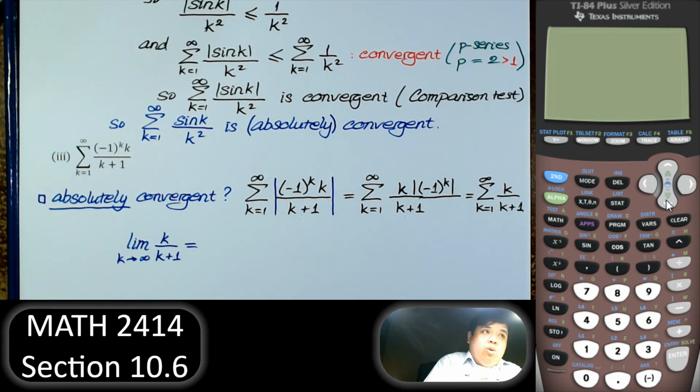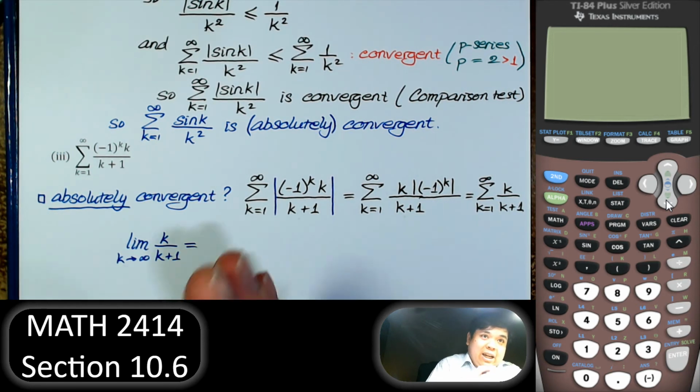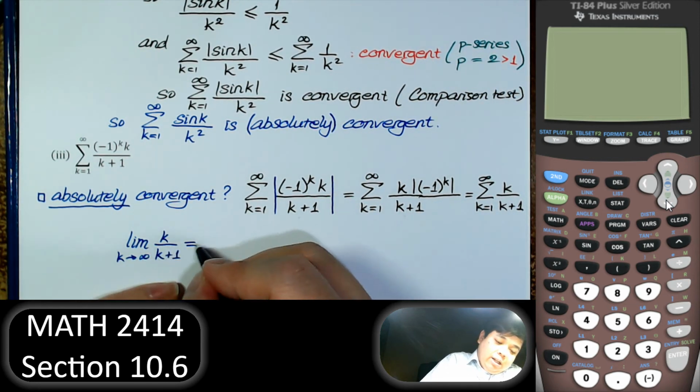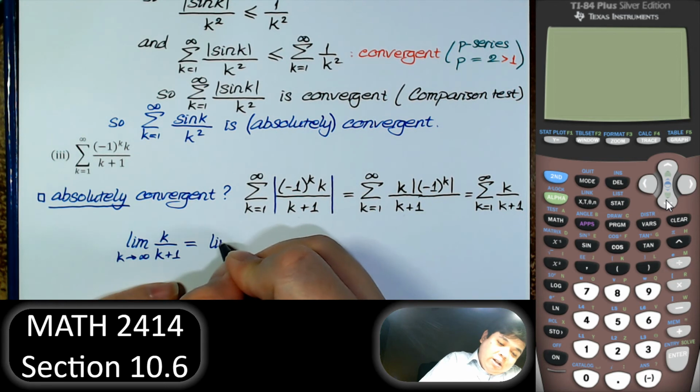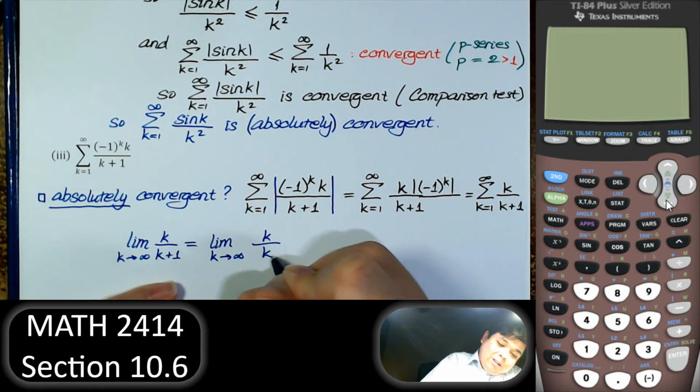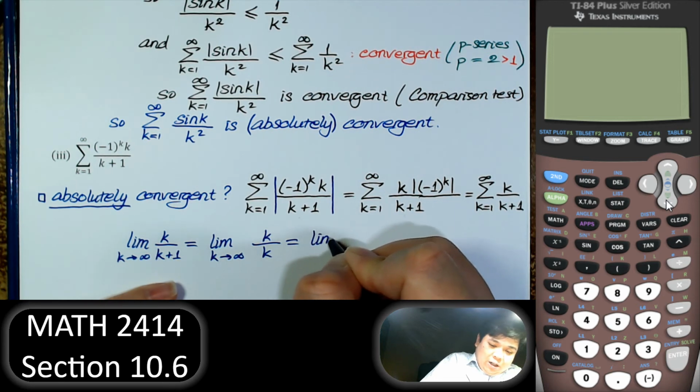I call that the n term test or the k term test, but in the book it says divergent test. So we take that term, let k go to infinity, only the highest power matters. So this is just 1.